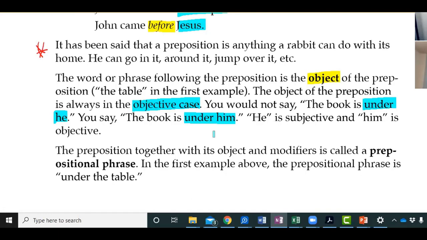In Greek, what we're going to learn is that the object of a particular preposition will be in a particular case. So we're going to learn the word eis. I think you may have seen it before. Eis means to or into, and it will take its object in the accusative case.